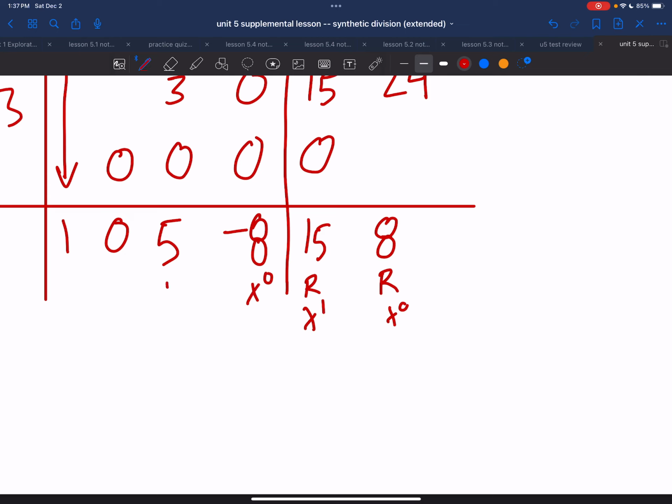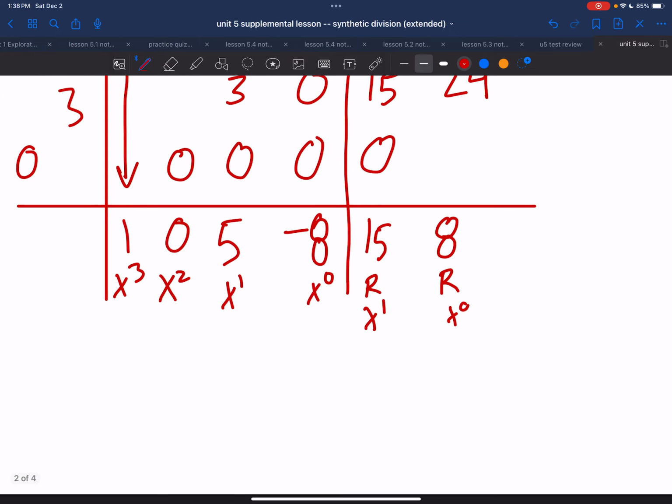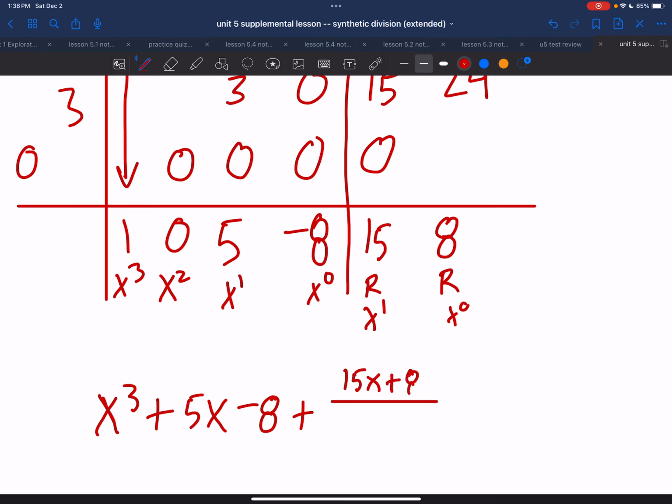This is a constant. This is linear. This is x squared. And this is x cubed. So the resulting expression is x cubed plus 0x squared plus 5x minus 8 plus, and now the numerator of this thing is 15x plus 8.